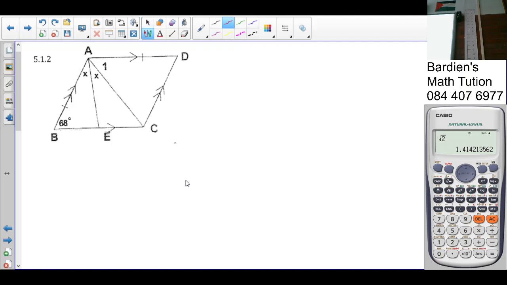To calculate x, I need this angle here, not so? Then I can go with sum of angles in a triangle. Or if I got that triangle, sum of angles in a triangle. Not so? Okay? How many marks are the sum? 3. 5 marks.